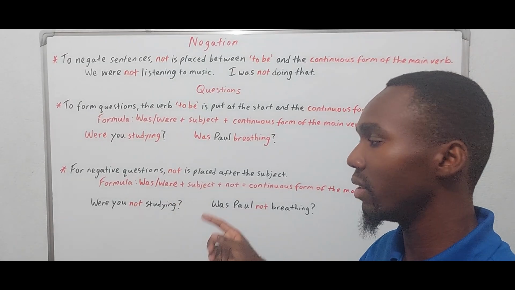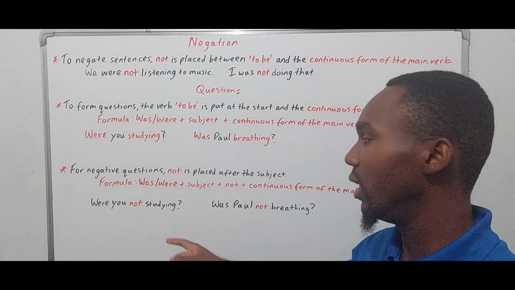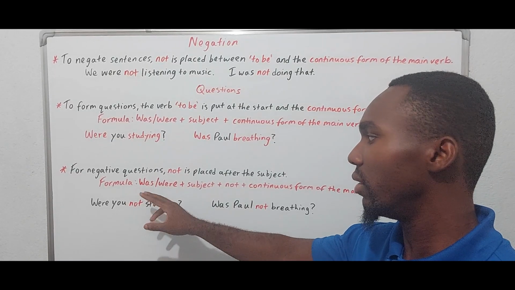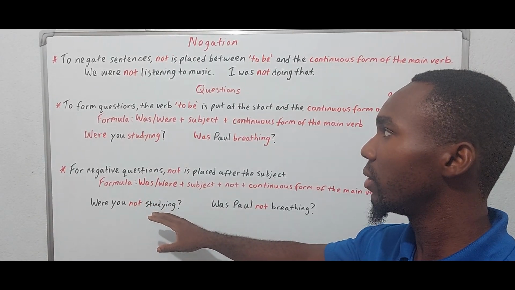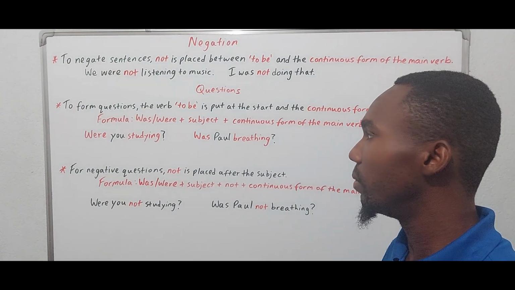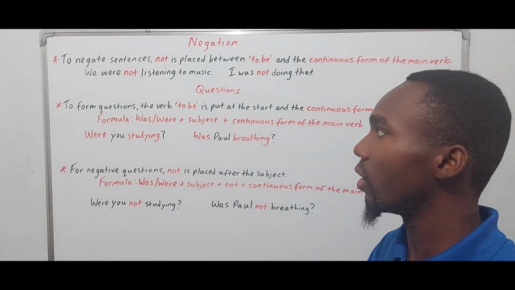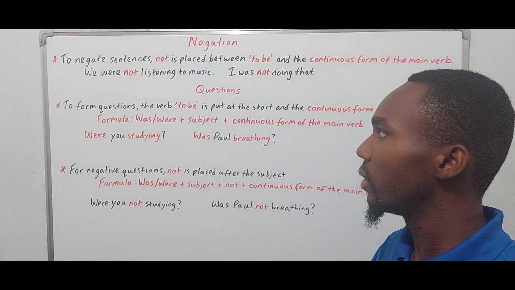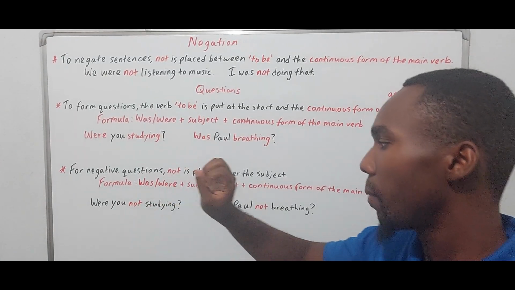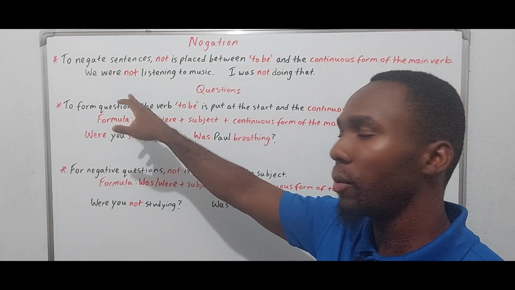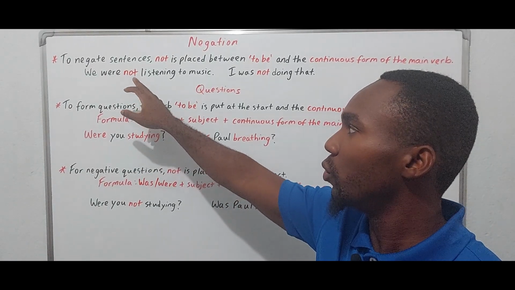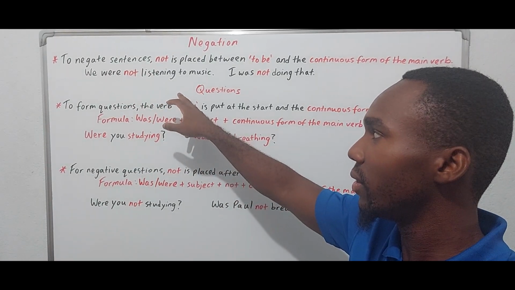Notice that when it is negative, it is a bit different, right? Because the subject appears before the not, right? So remember when we did it here, it was we weren't listening, right?